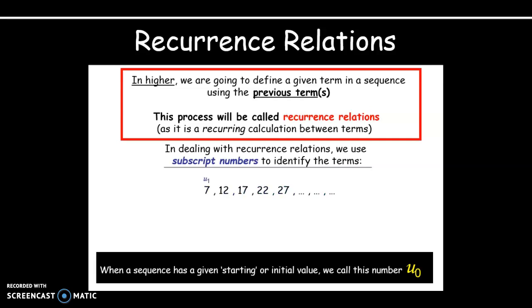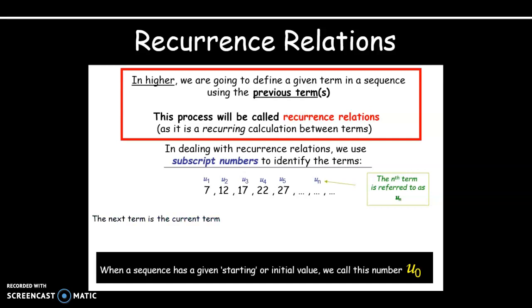So instead of just term 1, we say u1. Term 2 would be u2, and so on. And then our nth term, or the term way down the line that we're not sure about, would be un. So that's what we're using as our notation for our recurrence relations.